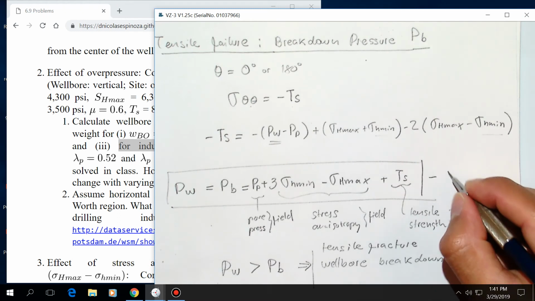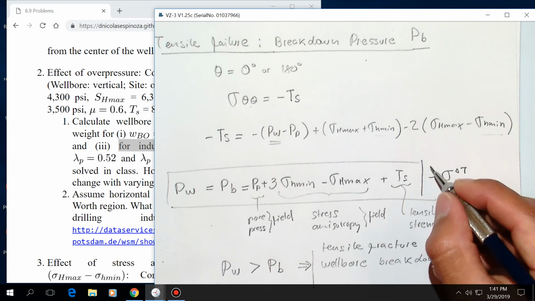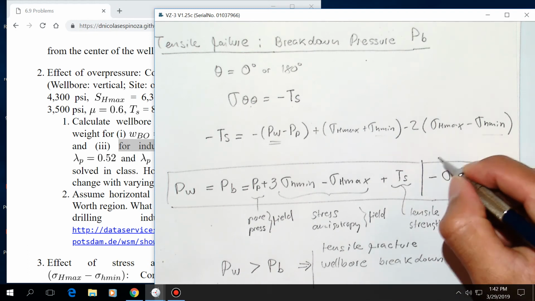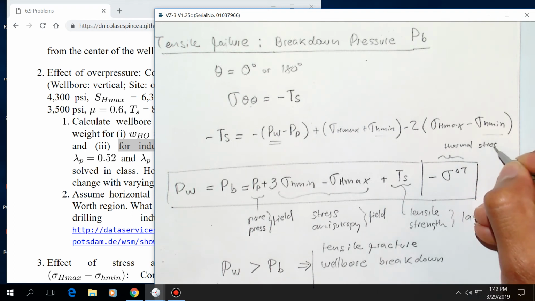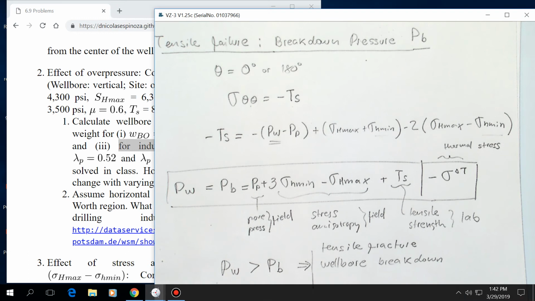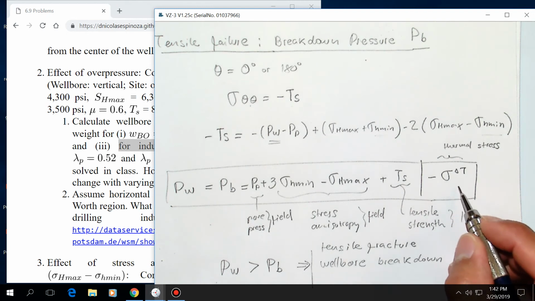There is a component of thermal stress that you need to take into account. Usually the drilling mud has a lower temperature than the formation. So if the drilling mud has a lower temperature than the formation, the drilling mud is going to cool the rock around the wellbore. And if the rock is cooling, it's going to shrink. And when it shrinks, it's going to develop tensile stresses. So this term takes into account that.